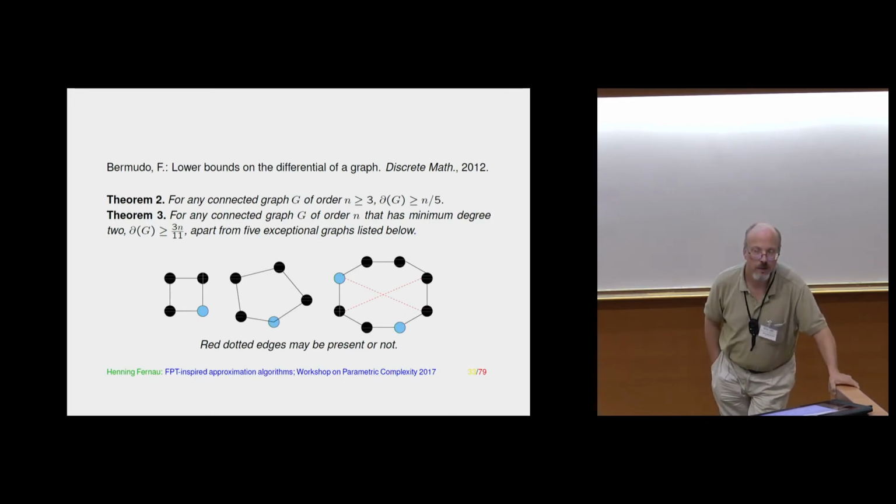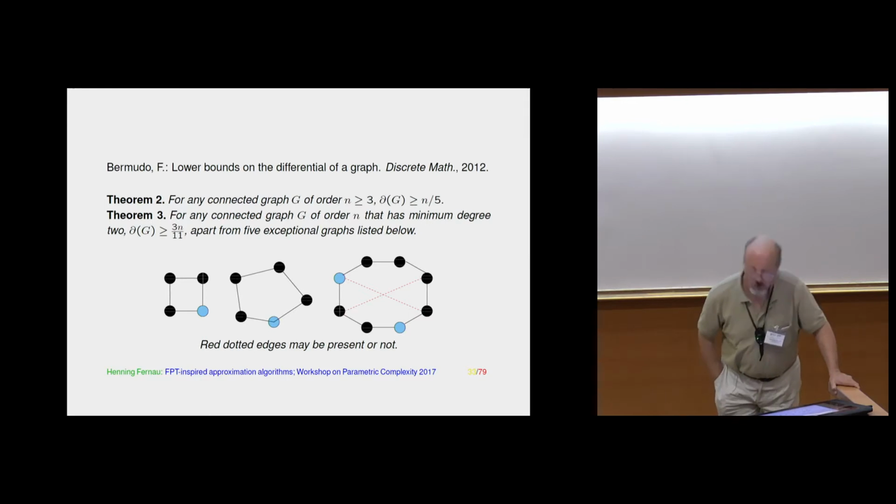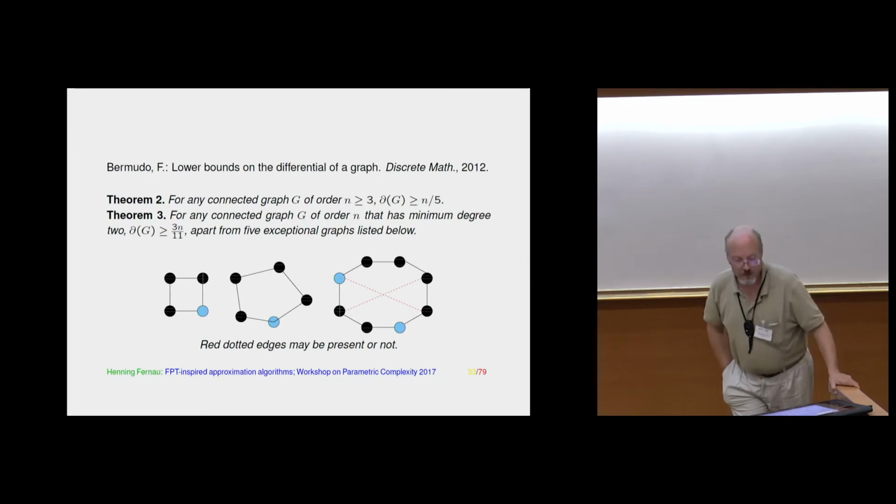Okay? And this 1 is not what my bound would give me. If you plug in 4 there, then you would have 12 over 11, which is slightly above 1. So therefore, it must be 2.